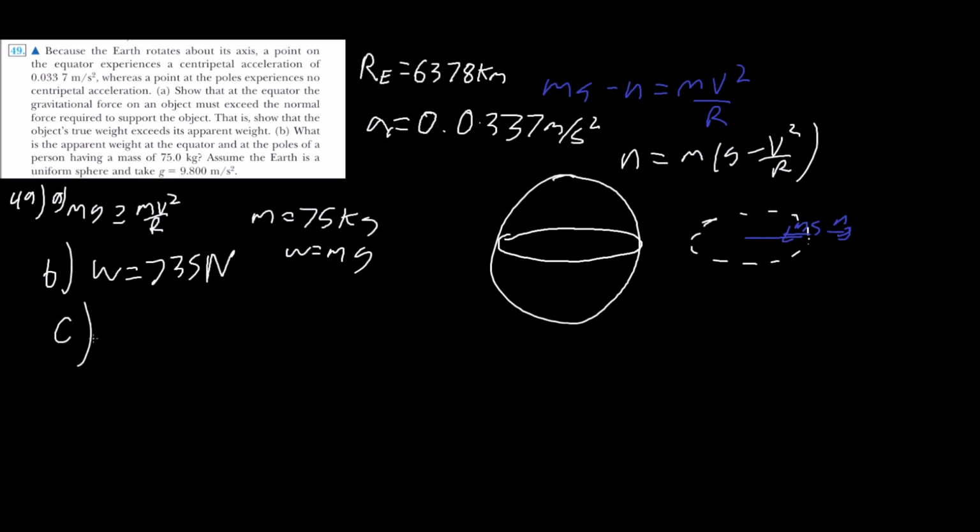Part C. The weight here is going to be equal to mg minus v squared over r.